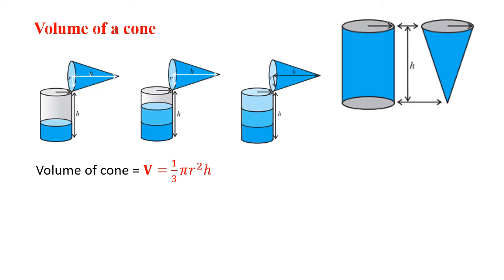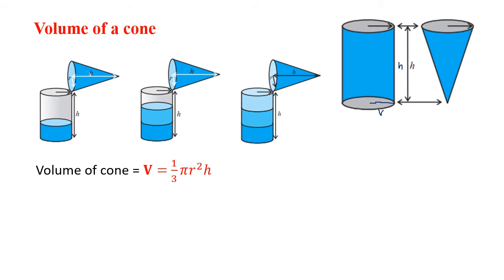Now since we are done with the cylinder, we'll go to the cone. And remember, the cone and the cylinder are closely related. See what we have here: a cylinder whose radius is r and height is h. Now from this cylinder we are cutting a cone.